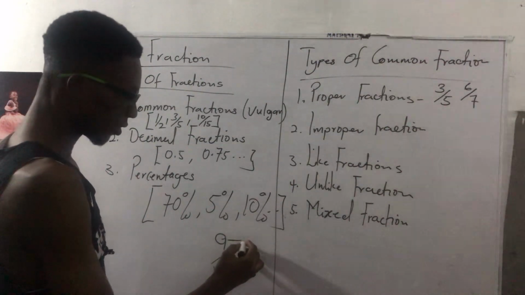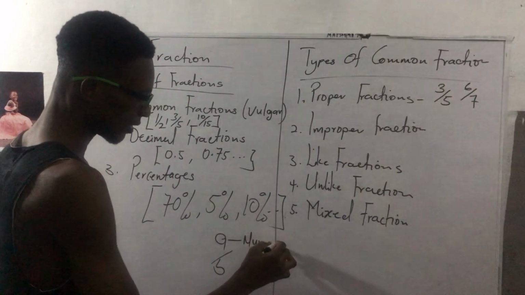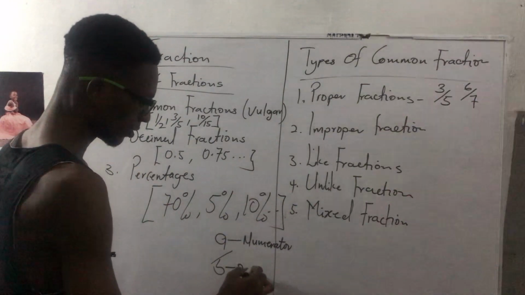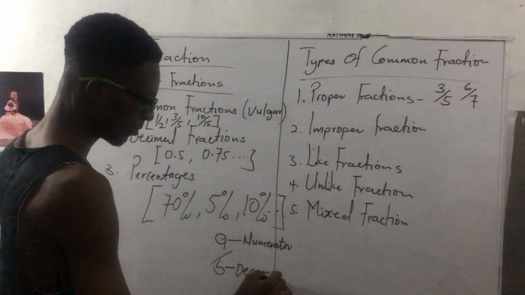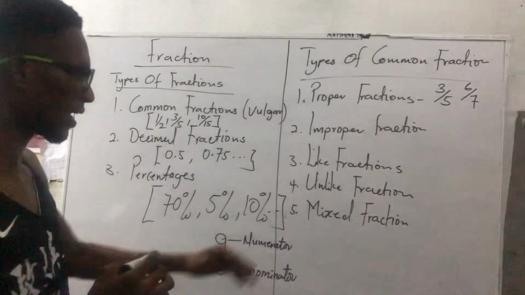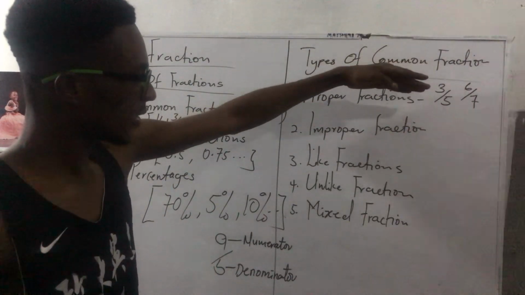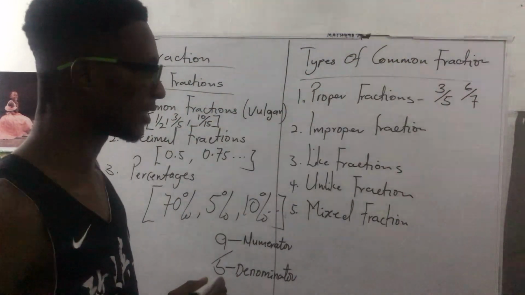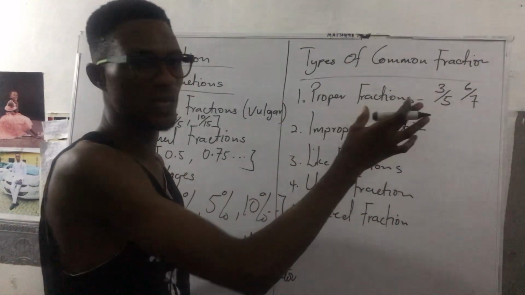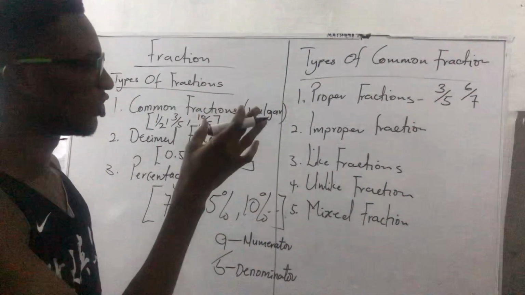The top one is called the numerator, and the bottom one is called the denominator. So when you study proper fractions, they always have the denominator greater than the numerator.